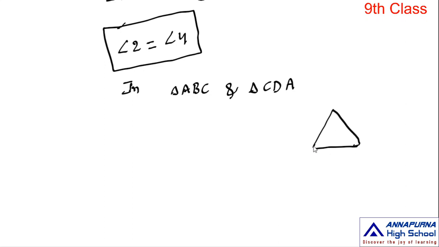Draw the two rough triangles. This is triangle ABC. This is triangle CDA.